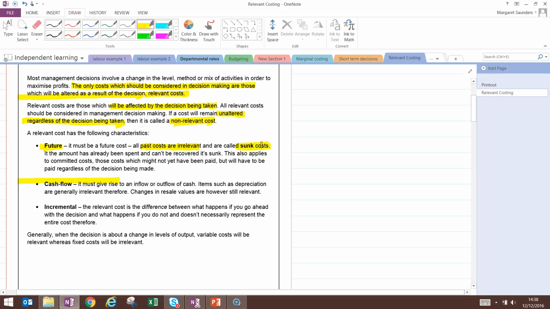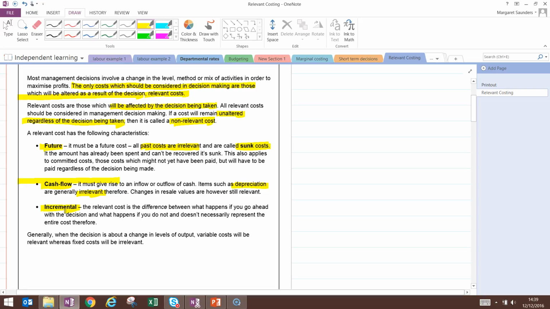The second characteristic of a relevant cost is that it must be an actual cash flow. So depreciation is irrelevant because it is not a cash flow. And the third characteristic of a relevant cost is that it should be incremental.